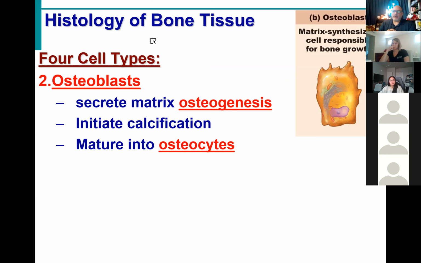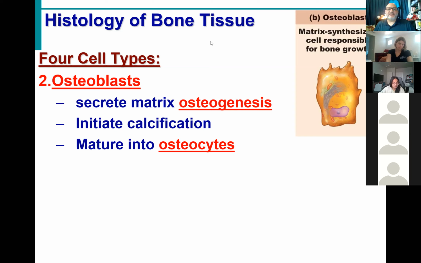And so this cell forms long processes that reach out for other osteocytes. And where the processes of the 2 osteocytes meet, they will form gap junctions. Those gap junctions allow them to pass fluid and nutrients and resources back and forth.